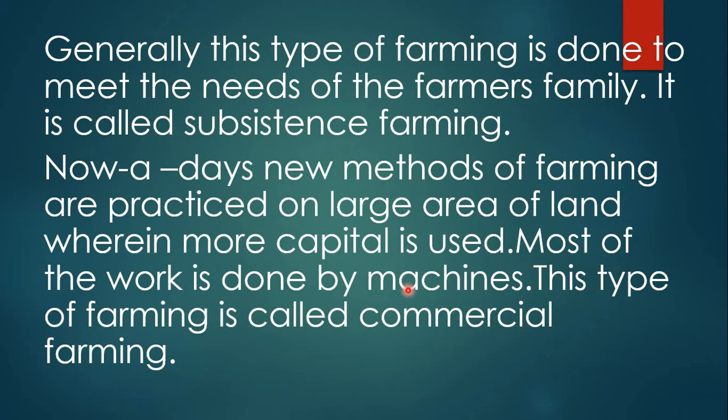The work is done very fast. Otherwise people have to wait for the laborers and for a suitable time, when there is full sunshine and people are available. People have to look at all these possibilities before going for the harvesting.